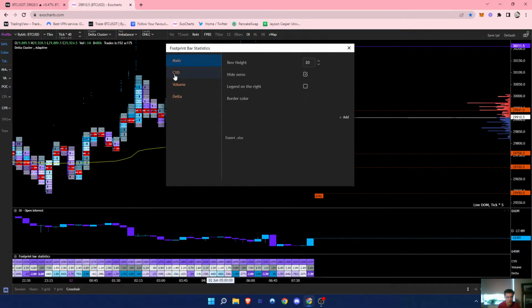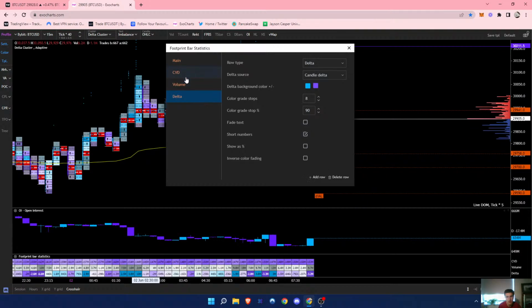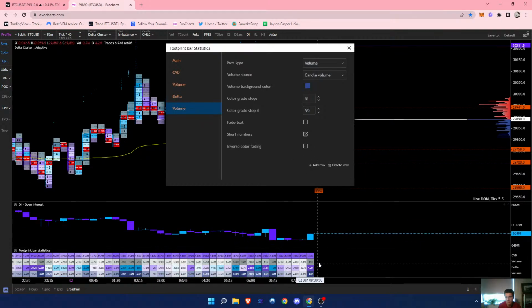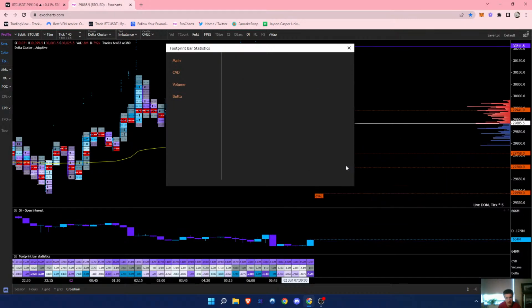You can go to the gear icon in the footprint bar stats and edit the CVD, volume, and delta if you want. Or you can add rows and import how you want. But I like to keep it simple with CVD, volume, and delta.